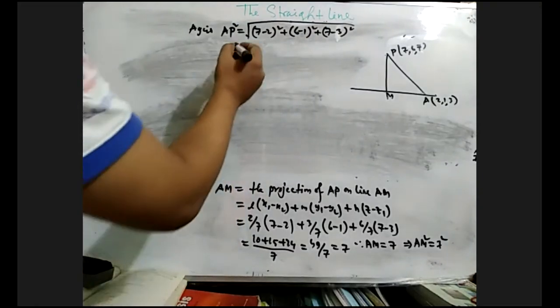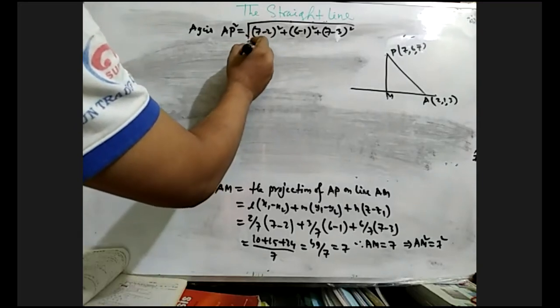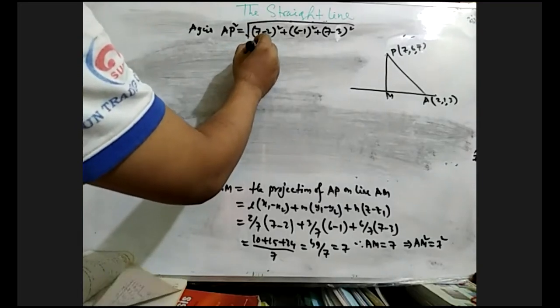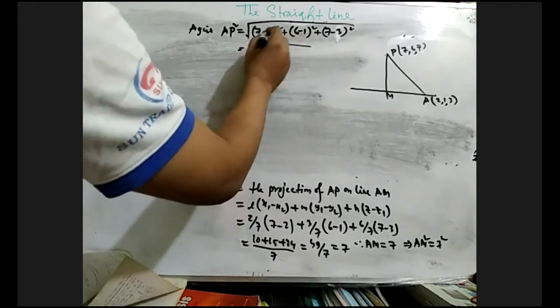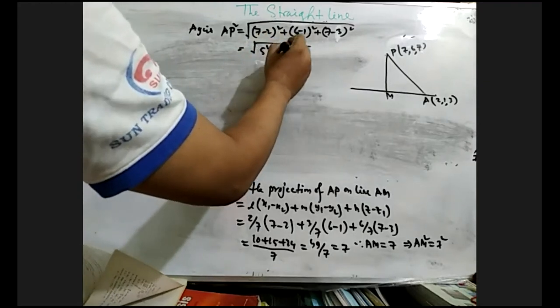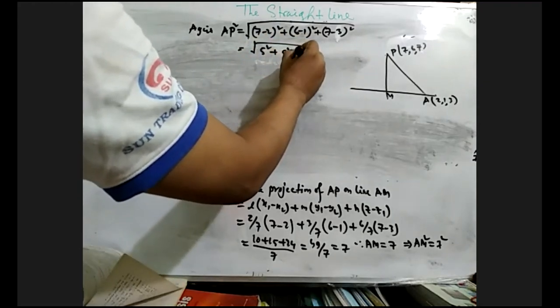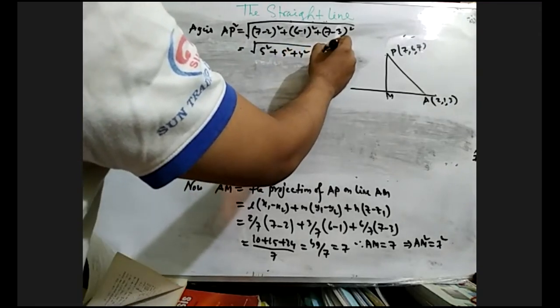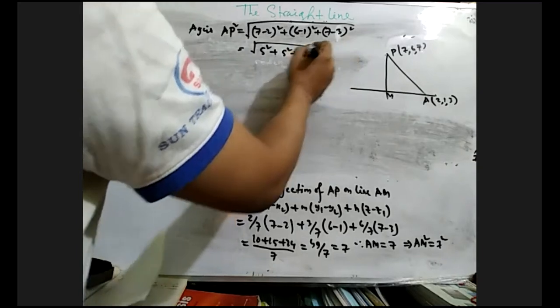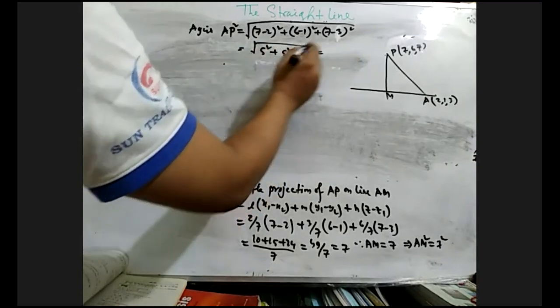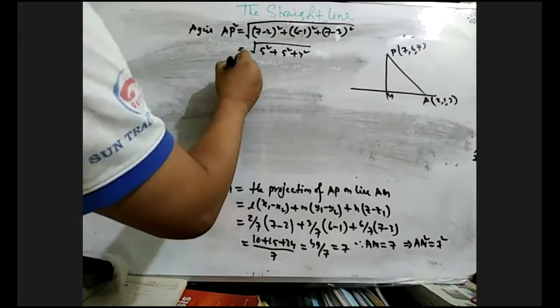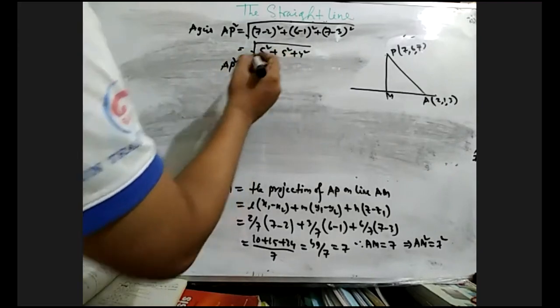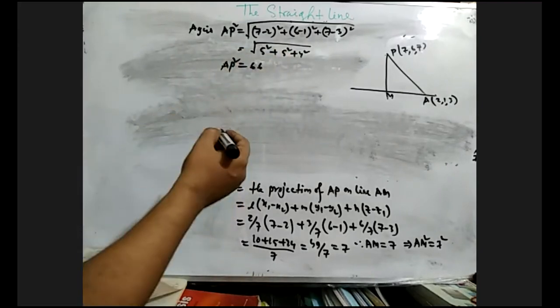Remember it. So AP square equals 5 square plus 5 square plus 4 square, that means we get 66. Therefore AP square equals 66.